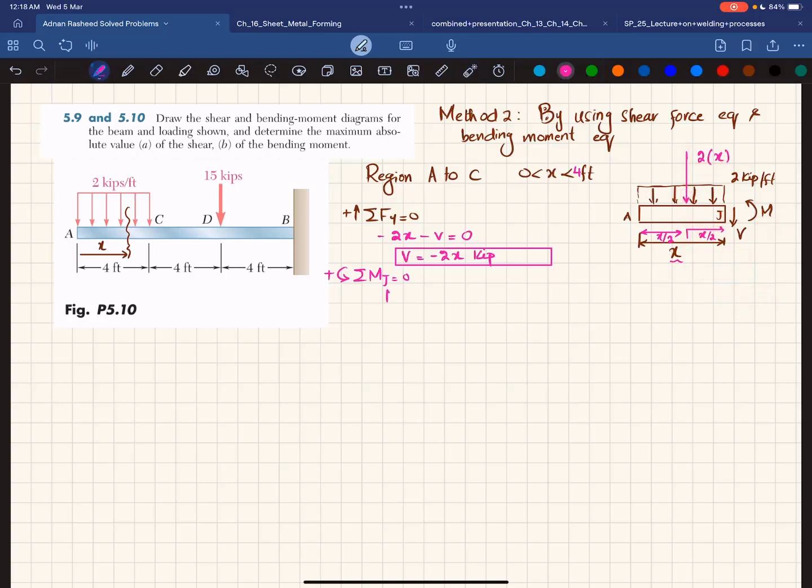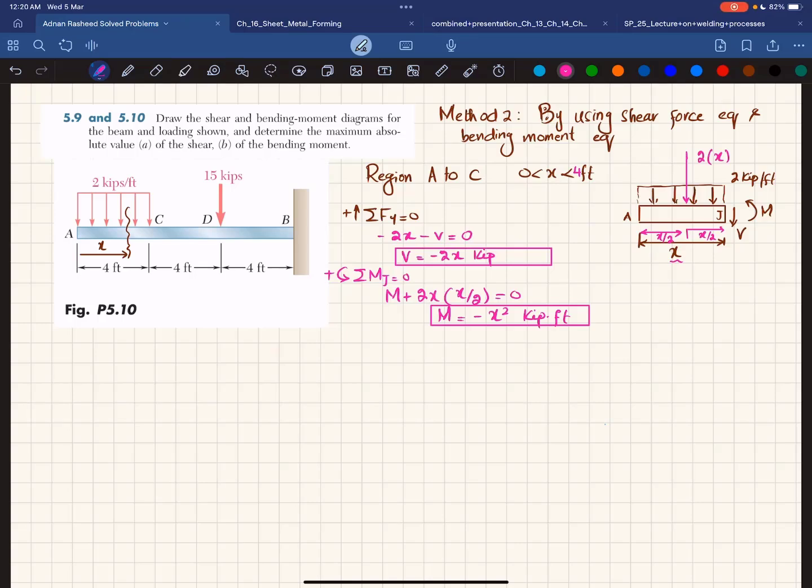So we can write plus M plus 2x into x by 2 is equal to 0, and from here we will get this moment will be equal to minus x square, and the unit will be kips into feet. Now this is the moment for the region AC.